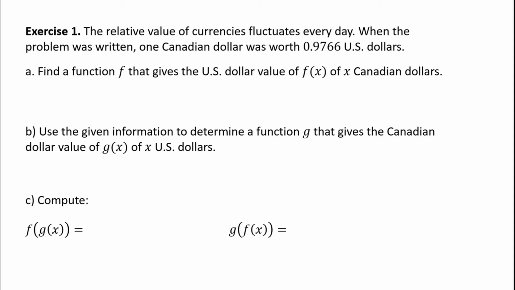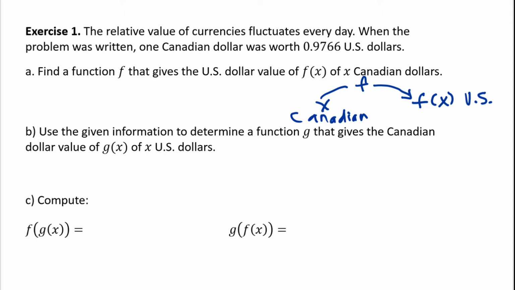What this is asking is that if you have, say, x Canadian dollars, and you put it through some function, the output that you get, f of x, needs to be US. So x is Canadian. Put it through the function, and the output is US dollars.